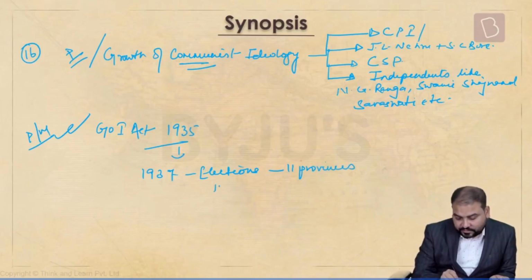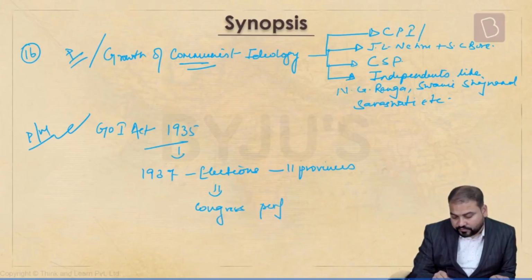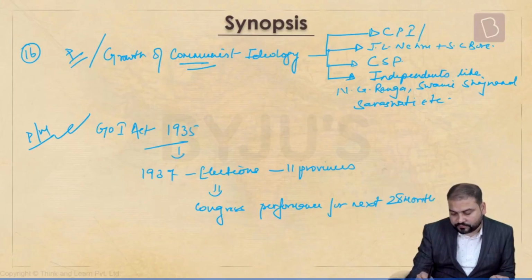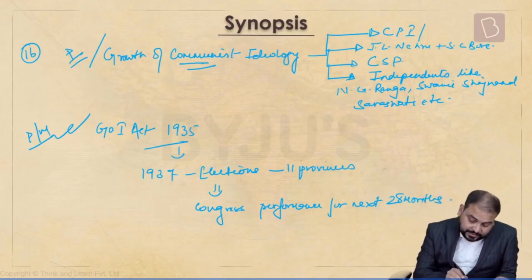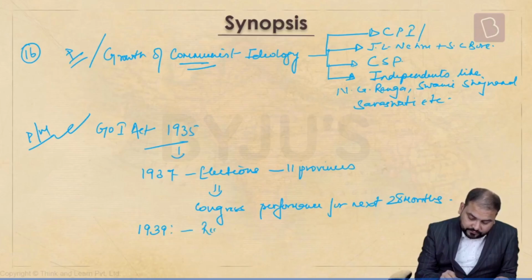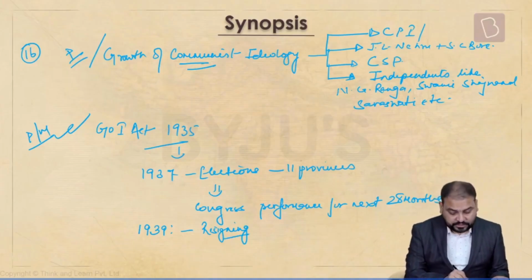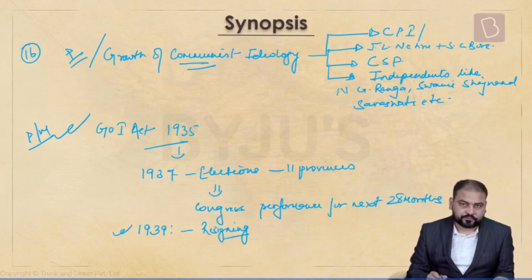We shall study here the Congress performance for the next 28 months. And lastly, after this, we shall see that Congress will be resigning. On 23rd October 1939, Congress will resign.